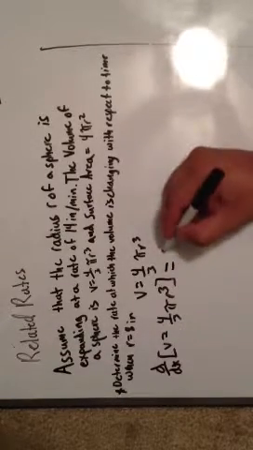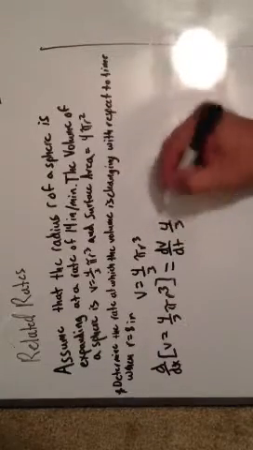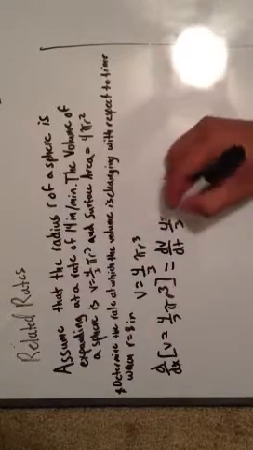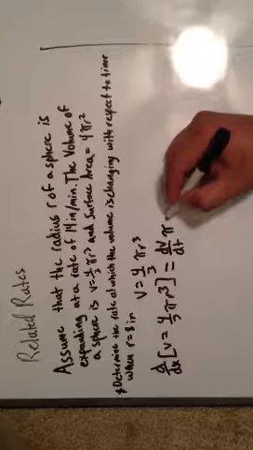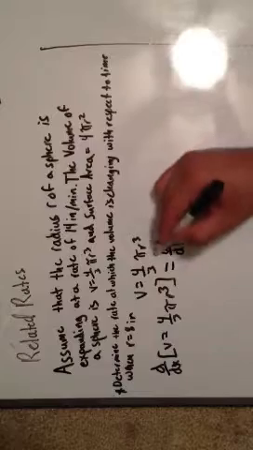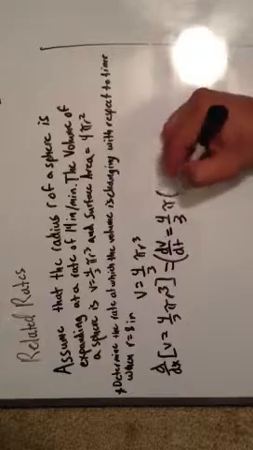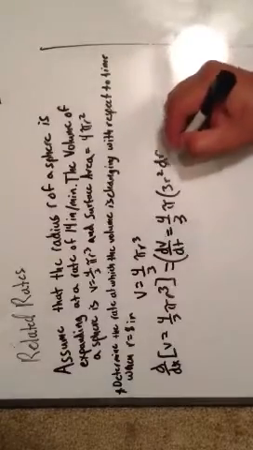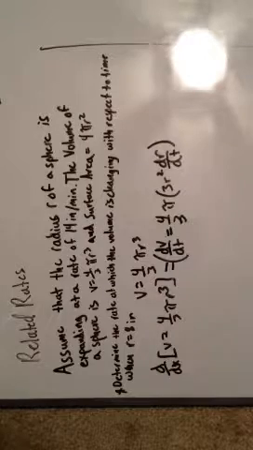And this is going to give us our derivative of volume with respect to time of 4 over 3 pi times 3r squared dr dt. So that's what we get when we take the derivative of that.